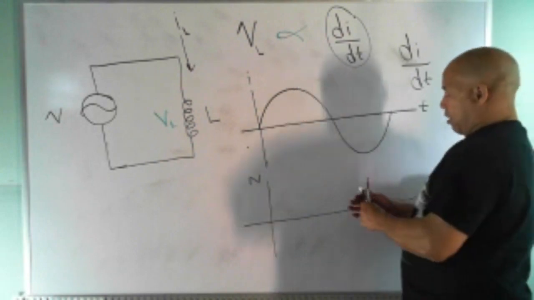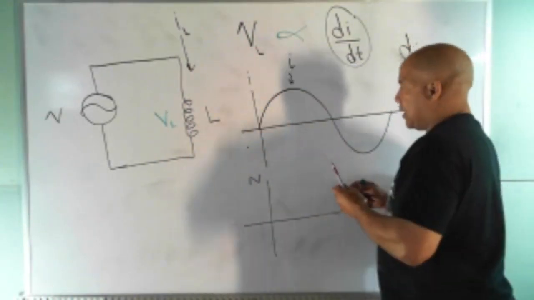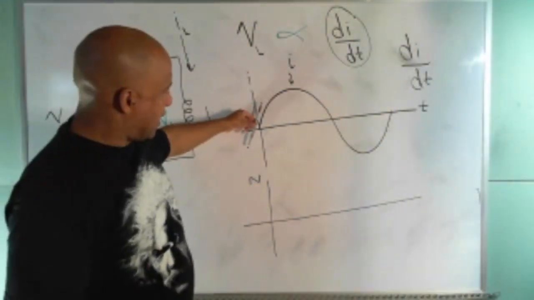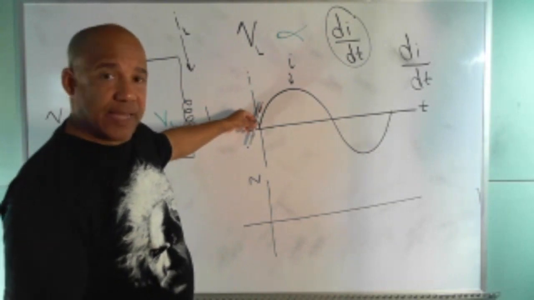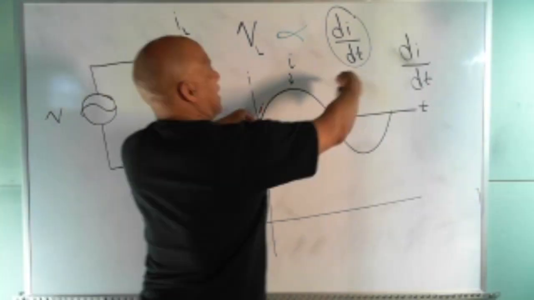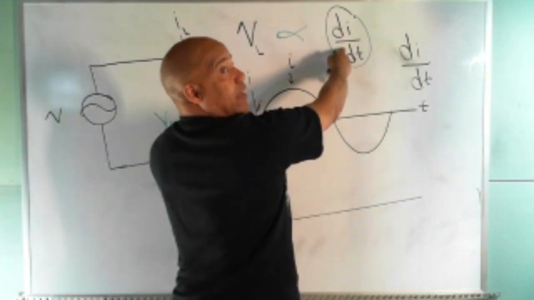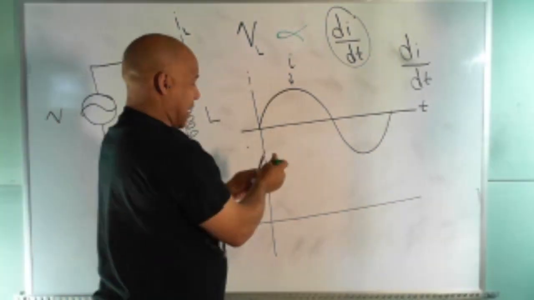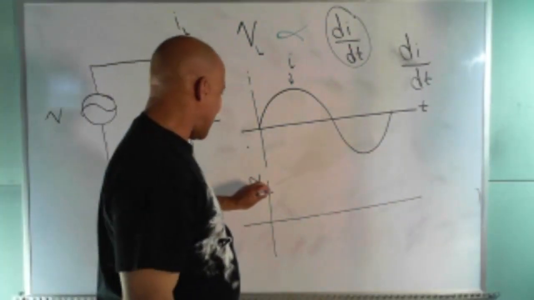So this is current right here. That's the current waveform. And I can see right here, at t equals 0, that tangent line is the highest. It has a really big slope, which means that that number right there, which is the slope of this, is really, really big. So V is going to be huge. So V might look like this. It's going to start off really high.